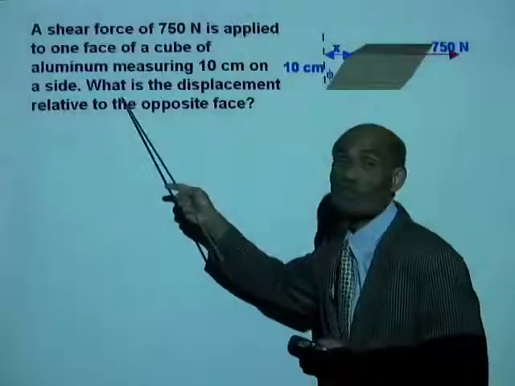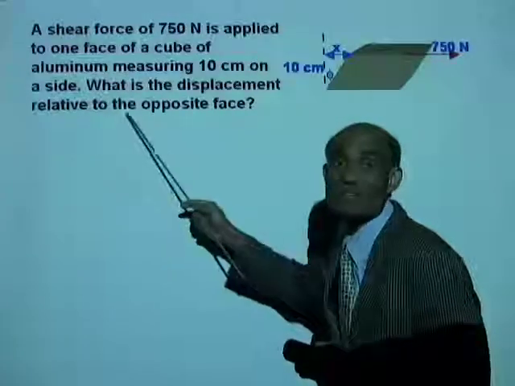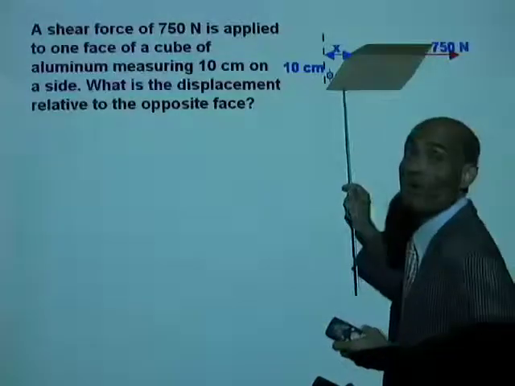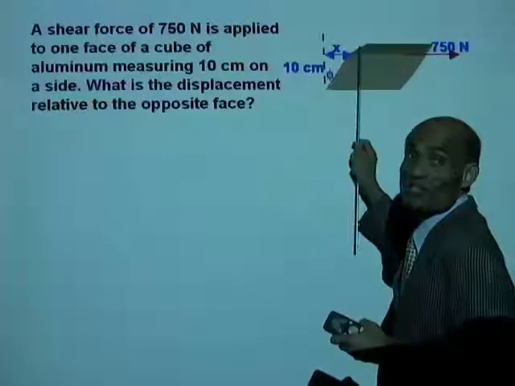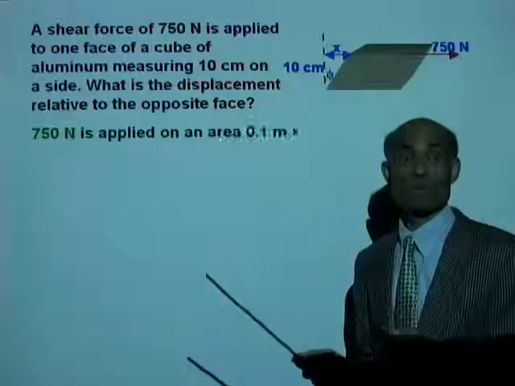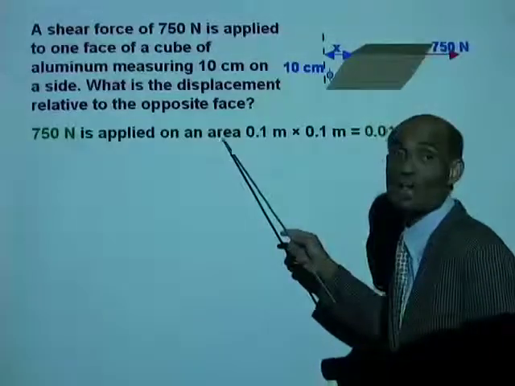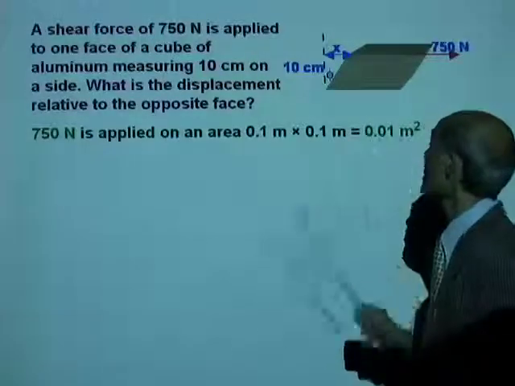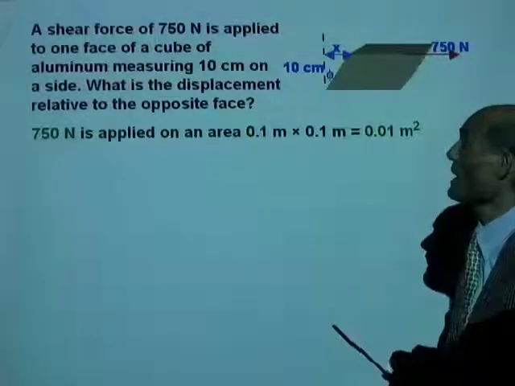Alright, we need to find what is the displacement relative to the opposite face. Now this is the face resting on the floor, and the top face got displaced. We need to find that displacement x. Okay, 750 Newton is applied on an area 0.1 meter times 0.1 meter, that is 0.01 meter squared.